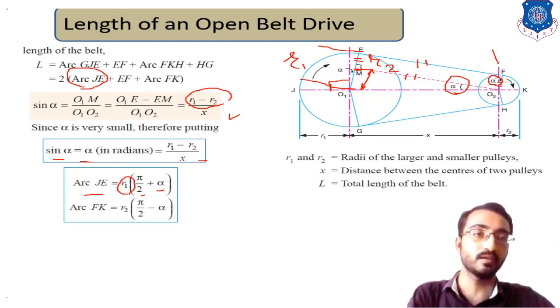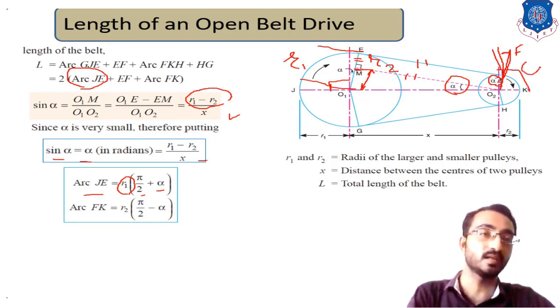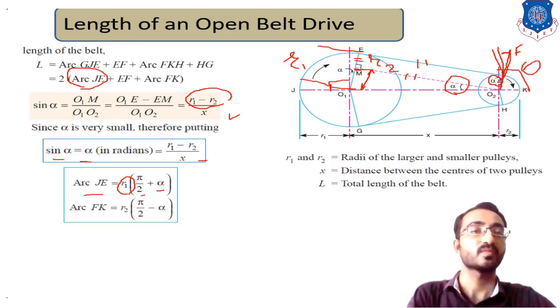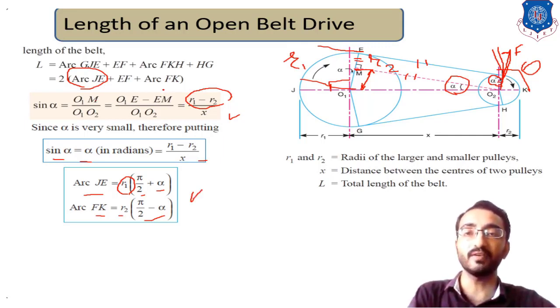So to calculate the angle of contact at point F, 90 minus alpha degrees will give us the arc of this contact point on the upper half. So arc FK is equal to radius R2 into bracket pi by 2 minus alpha. These two equations give us the values of arc JE and arc FK.